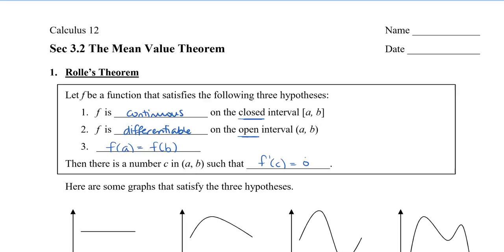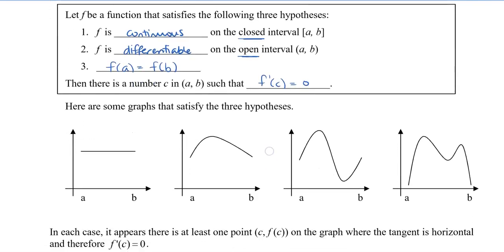Here are some graphs to depict these three conditions. The first one has a at this endpoint and b at the other endpoint. It's continuous, and it's differentiable here because it's also a flat line. Then we know that there is a point c that will give me a derivative of 0, and you can see that it's flat right here.